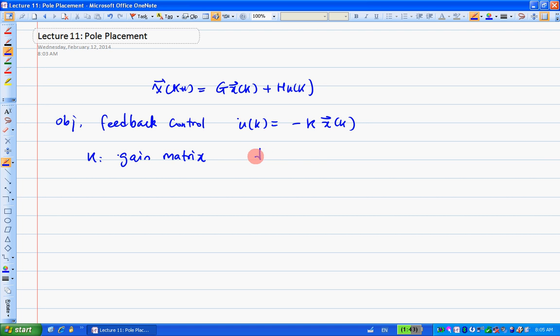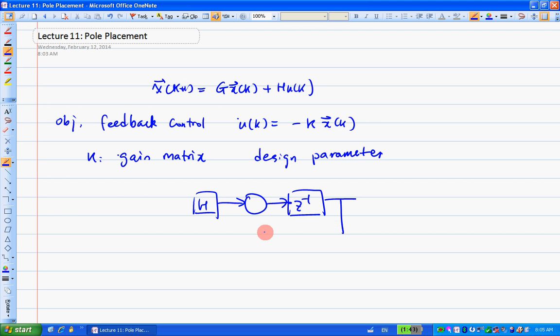Okay, so this is a design parameter, or control gains, right? So overall, the whole system in terms of a diagram: this is your x of k here, and this is your u of k.